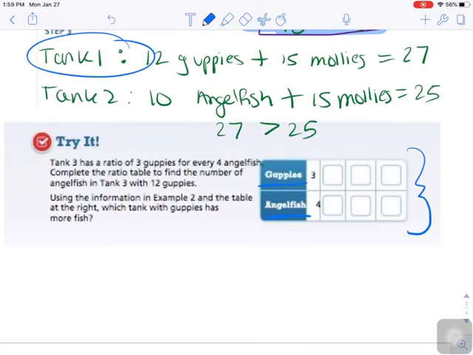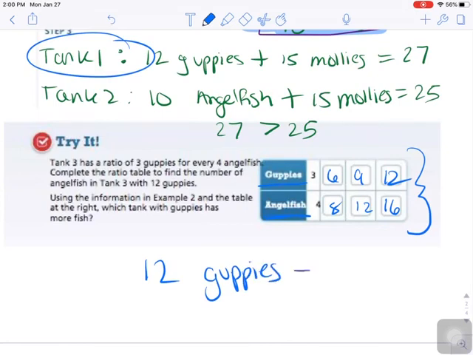If I went ahead and filled this table, I have 3, 6, 9, 12. The angelfish are going up by 4 each time, so I would have 4, 8, 12, and then 16. So what this question is saying is that when I have 12 guppies, I also have 16 angelfish.